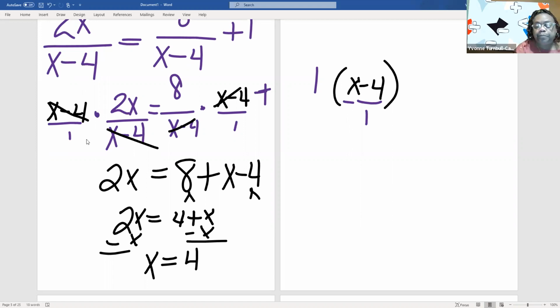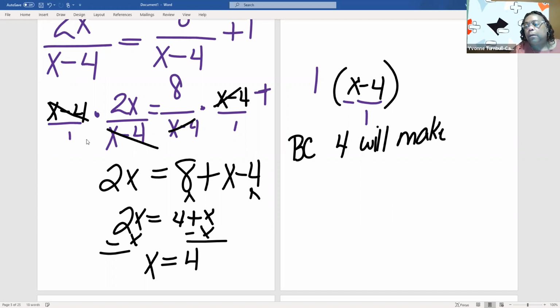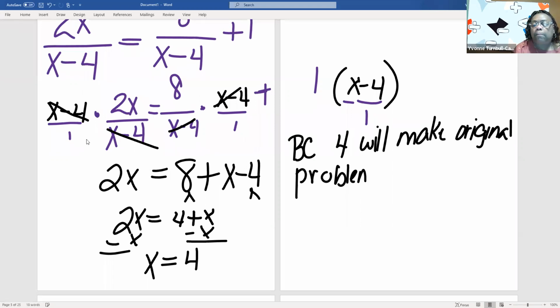Because 4 will make the original problem undefined, there's no solution.